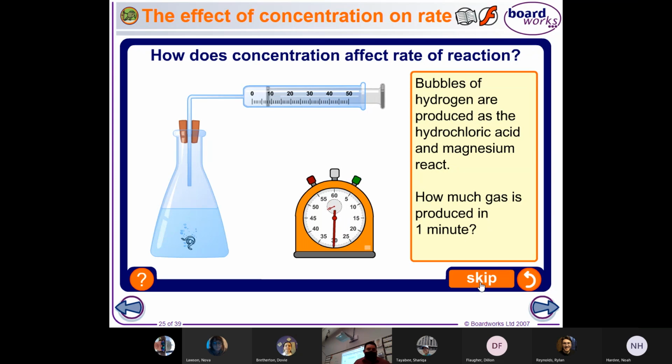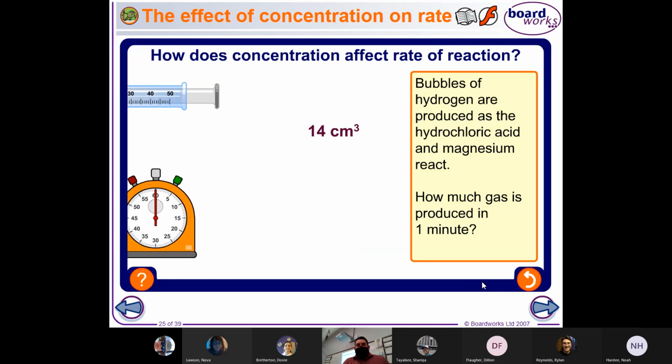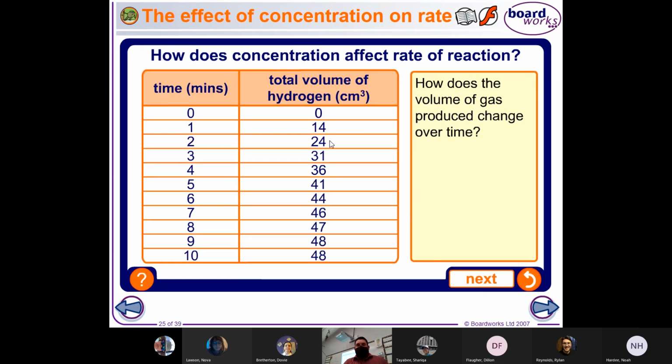See the gas formation happening? You see the plunger getting bigger and bigger? We run it for 1 minute. It makes 14 cubic centimeters, the total volume of hydrogen.